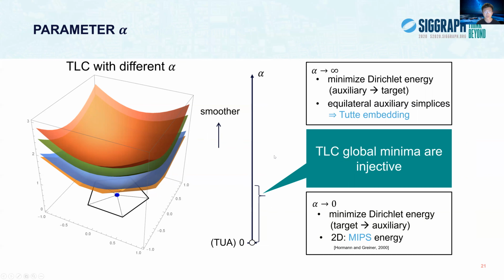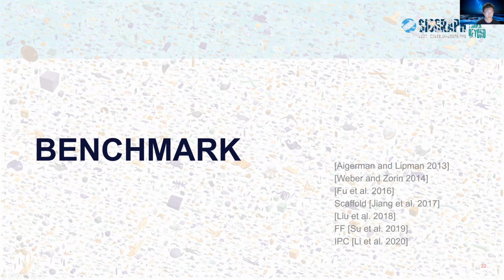So in practice, we use gradient-based solvers to minimize TLC. And to evaluate our method, we construct a large benchmark dataset. Part of the benchmark dataset comes from previous papers in this direction. We also create some new examples using recent methods. Here is a simple example.